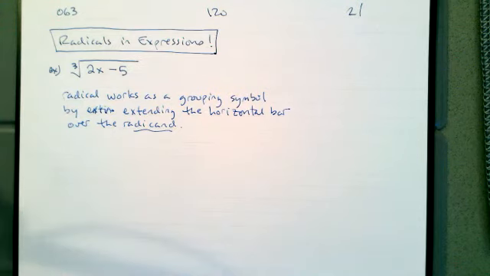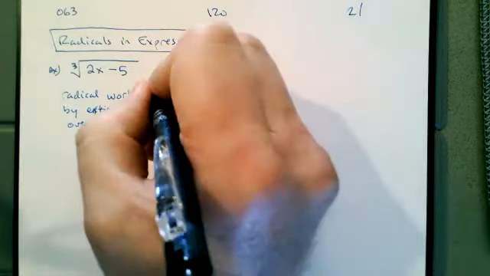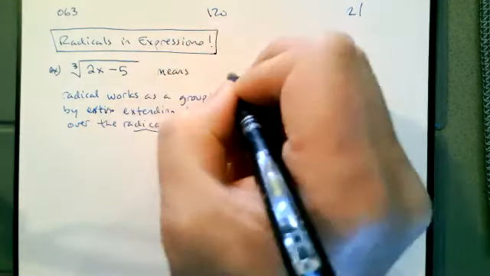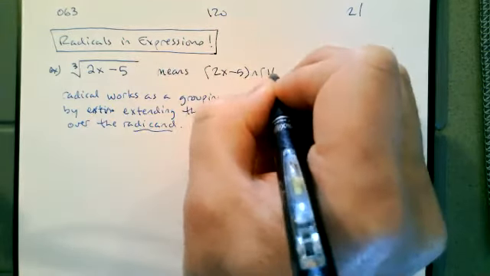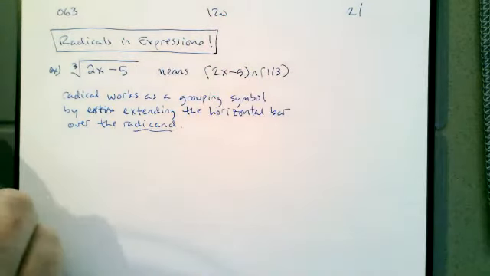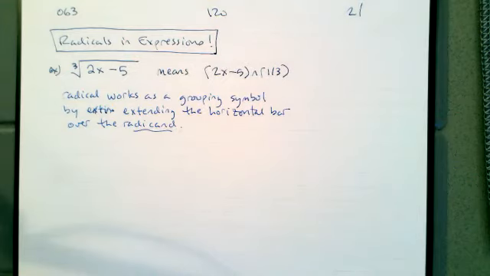So when I write this symbol, cube root of 2x minus 5, and the 2x minus 5 is all under the radical symbol, this means the 2x minus 5 is being raised to the 1/3. This is one way that we can use the radical as a grouping symbol.